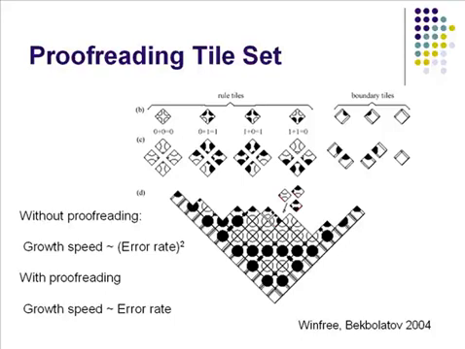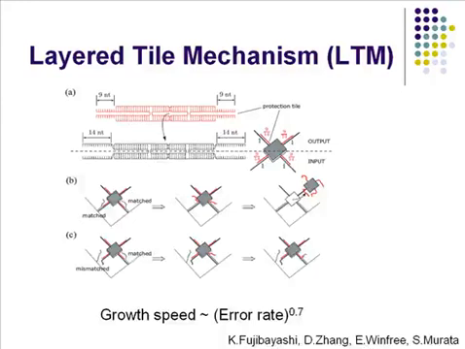And here is another mechanism of error suppression, which doesn't require a change of size of the tile. Here we introduce another layer of tile, which controls connectivity of the input and output strand.